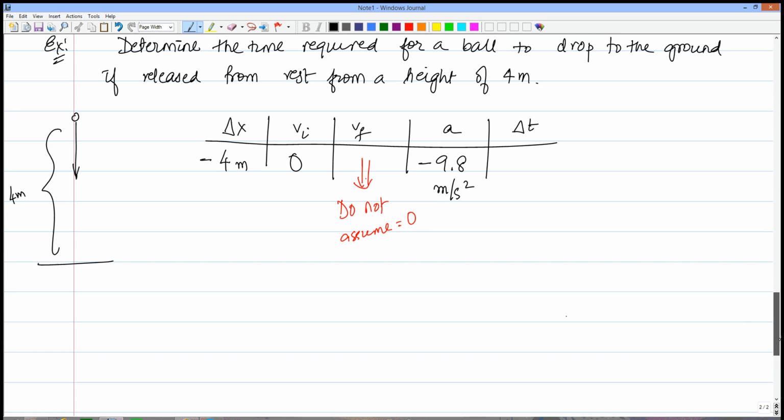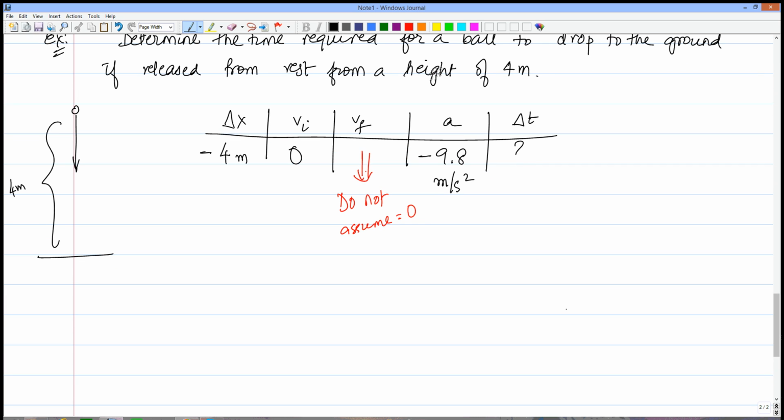Alright, now that we have all this, we're asking for the time, and so we do not care about Vf, and clearly we're going to use equation 3. So use delta x equals Vi delta t plus 1/2 A delta t square. And when I plug everything into here, this equation implies negative 4 equals 0 times time minus 4.9 delta t square.